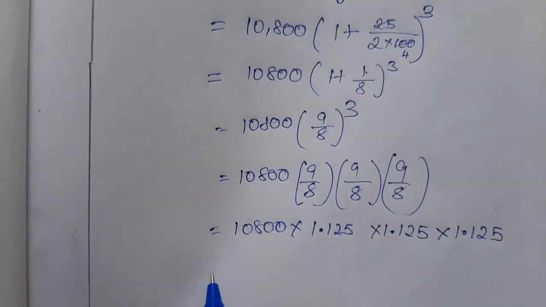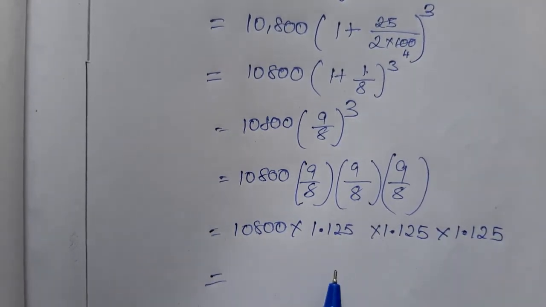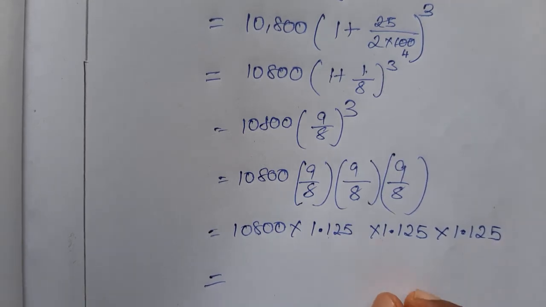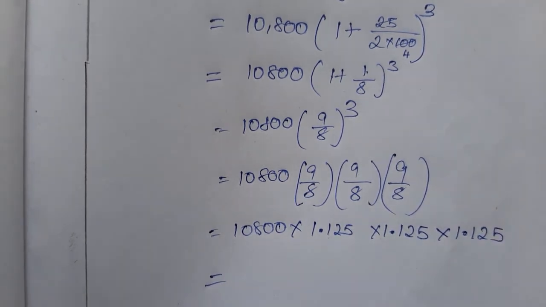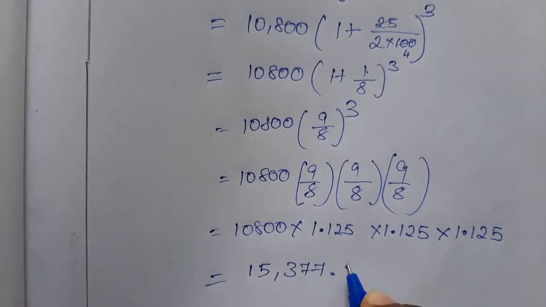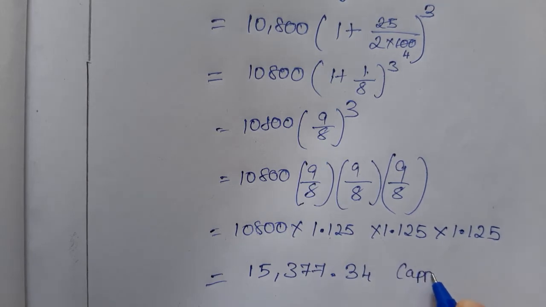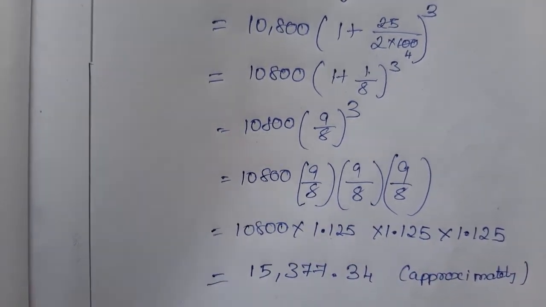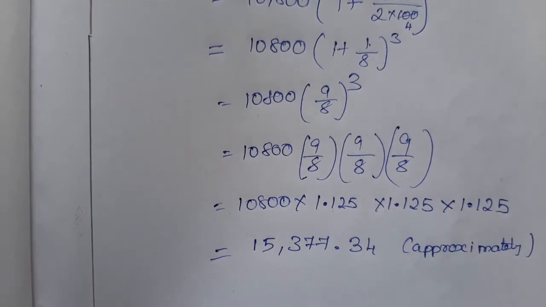We have to multiply all these numbers, and it will be a big number with 9 decimal places. After multiplying, taking the first 2 decimal places is enough. So I hope it will be approximately 15,377.34. We don't need all 9 decimal digits, as we are not going to use them in real life, only paisa-wise.